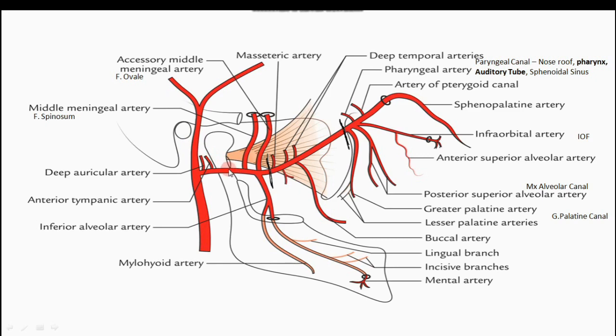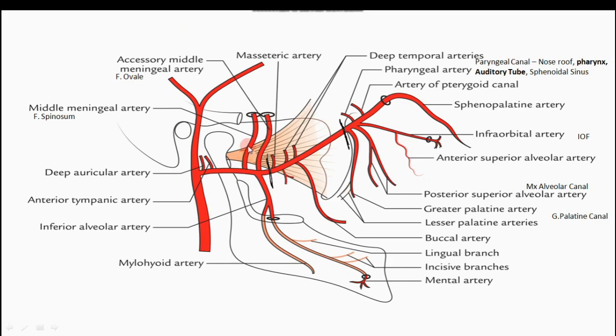Now further, as this artery passes here, just inferior, below the middle cranial fossa, it gives a branch.